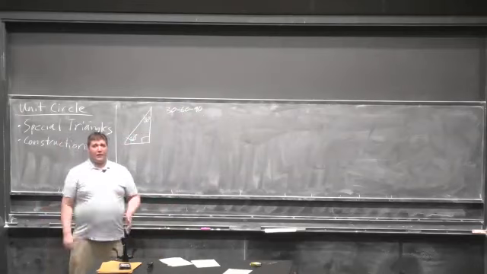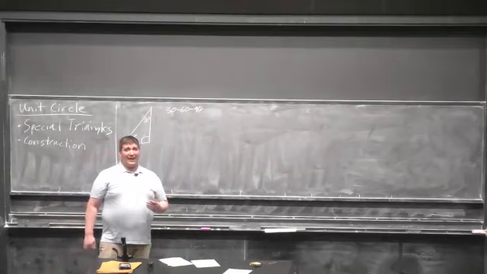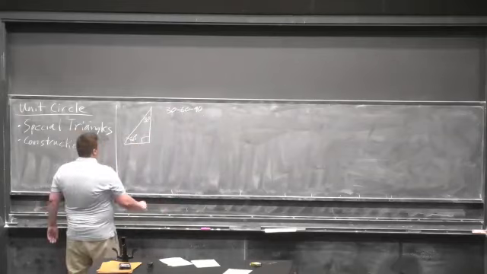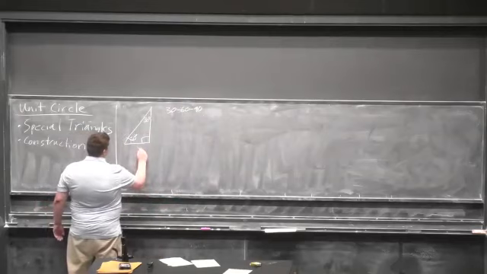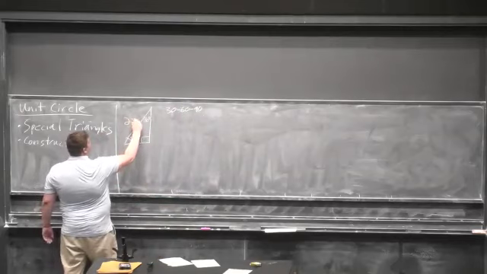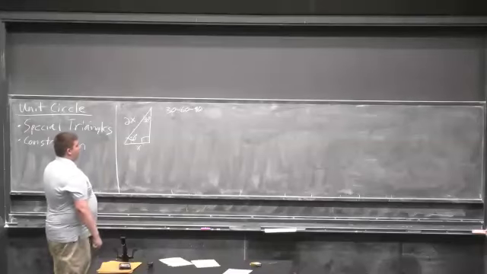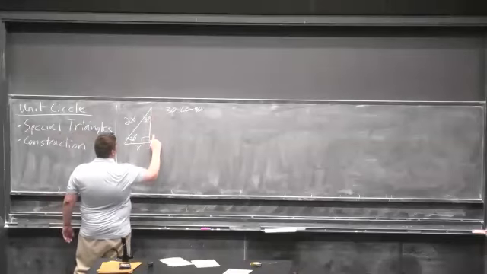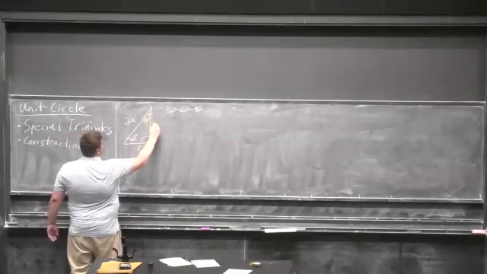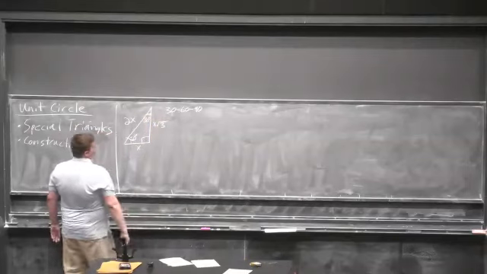What is special about this triangle is the relations that the sides have. Specifically, if I have a side x here, the hypotenuse is 2x. And the long leg of the triangle is x square root 3.